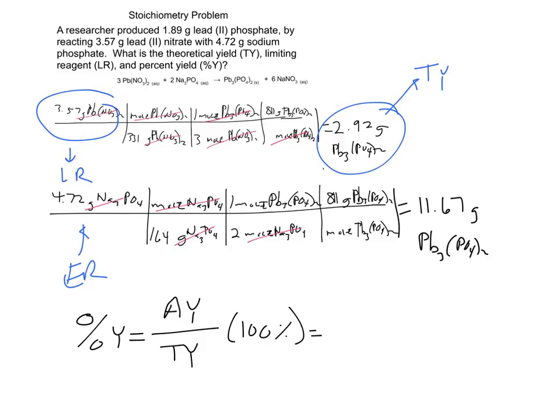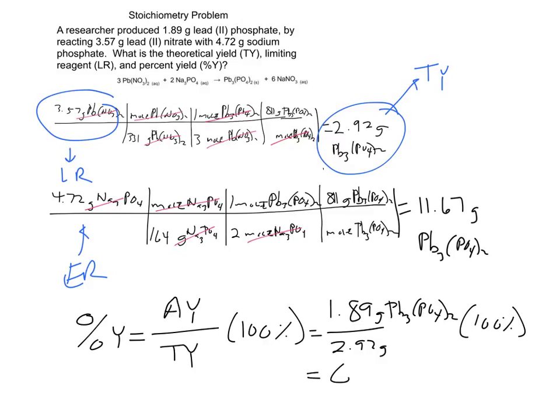So the actual yield in this particular problem is 1.89 grams lead phosphate, the Pb3(PO4)2, divided by 2.92 grams times 100%. What that's going to equal is 64.7%. Just a little more than 50%.